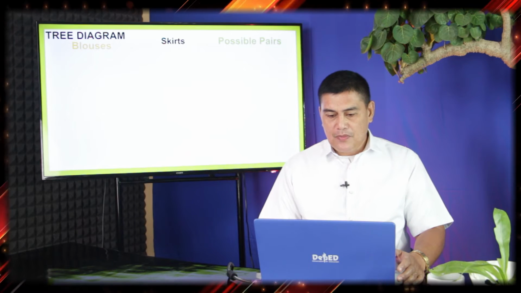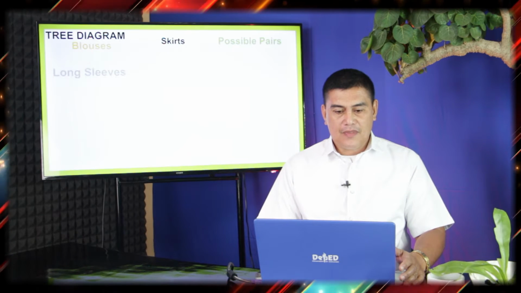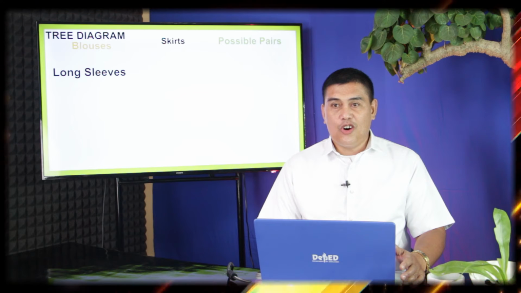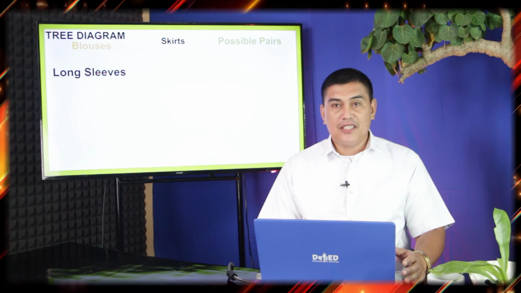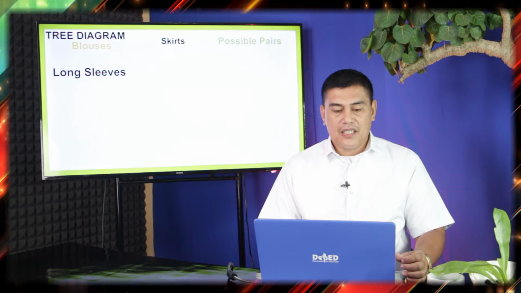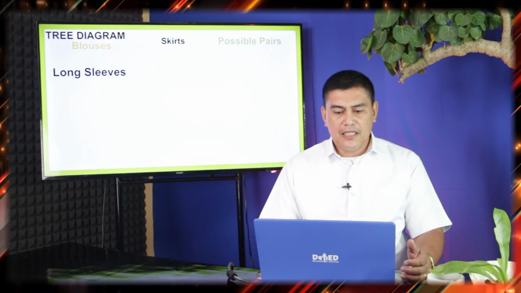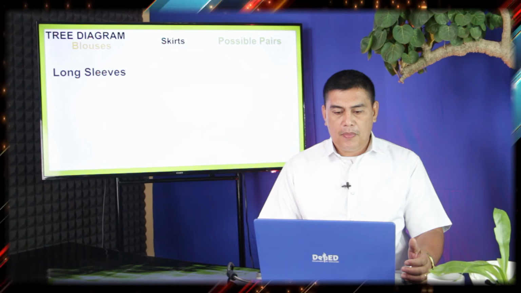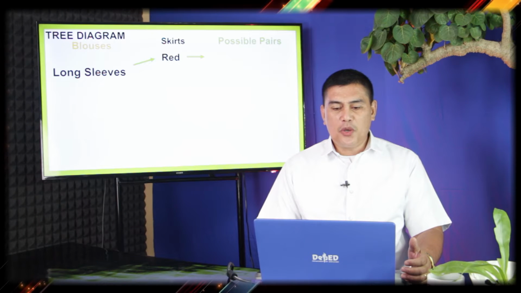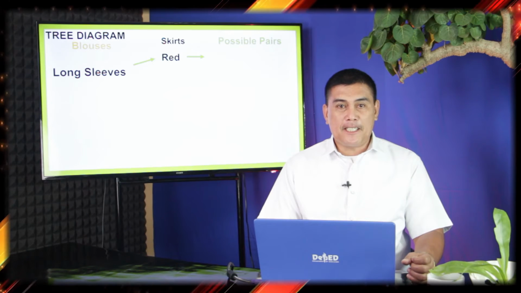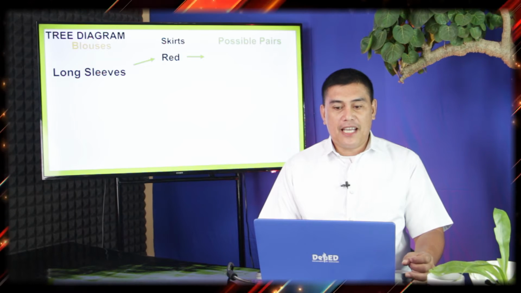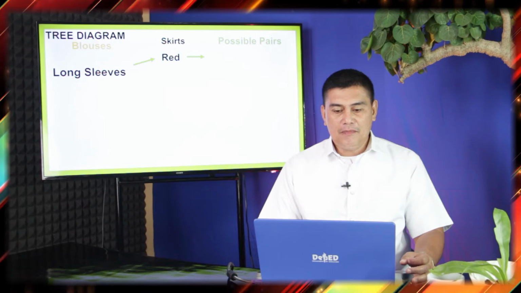It could be long sleeves or a stripe. Now, kung halimbawa, long sleeve ang napili niya, meron din siyang 3 choices sa kanyang skirts. It could be red, black, or pink.